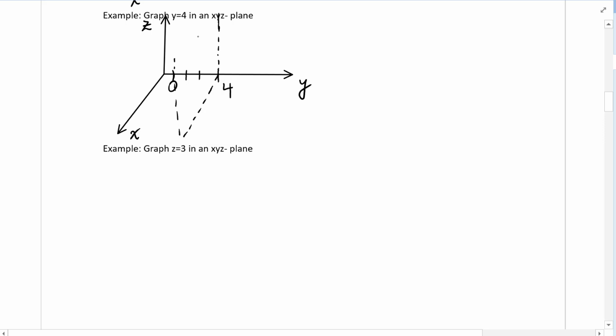If we connect the points, the region where y equals 4 is this plane in green. That goes this way too.